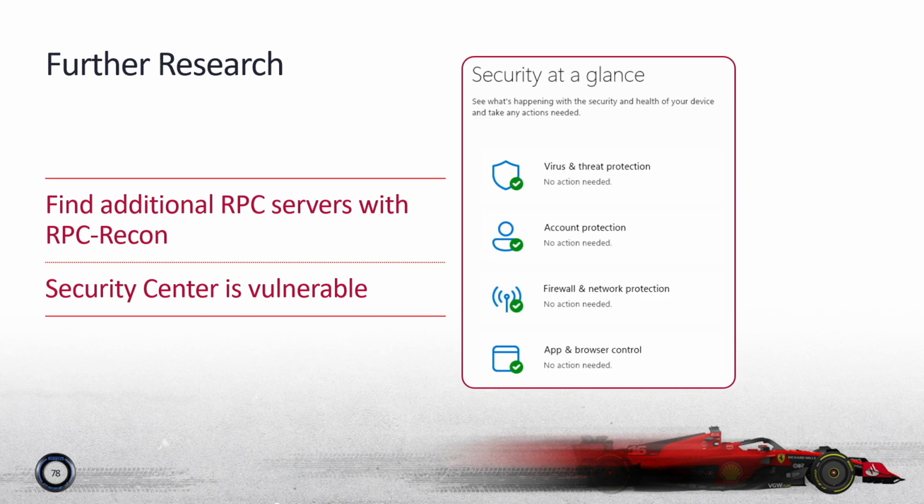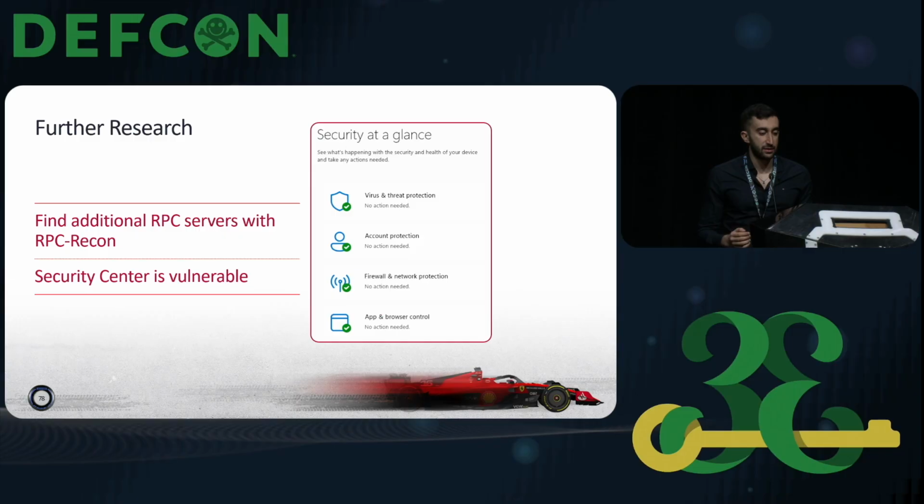And of course, the most prominent attack vector I suggest you to chase is to find more vulnerable RPC servers. There are so many. I just began scratching the surface. For example, Windows Security Center is set to delayed starts, and Windows Defender interacts with it. Maybe it is possible to neutralize Defender by sending it back a malicious response.